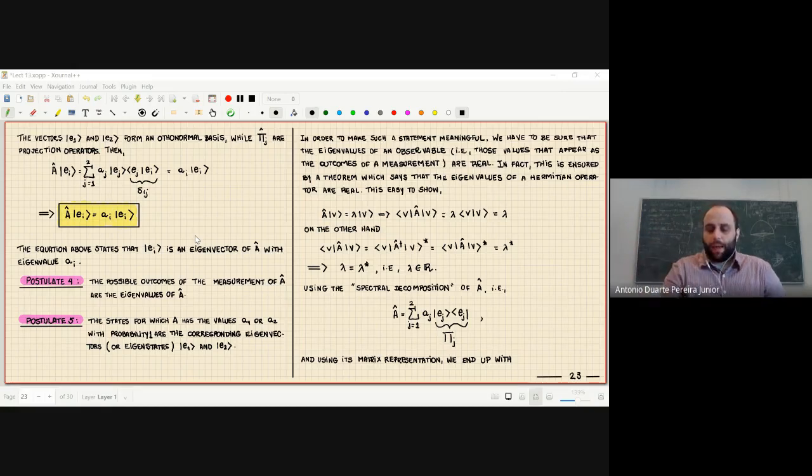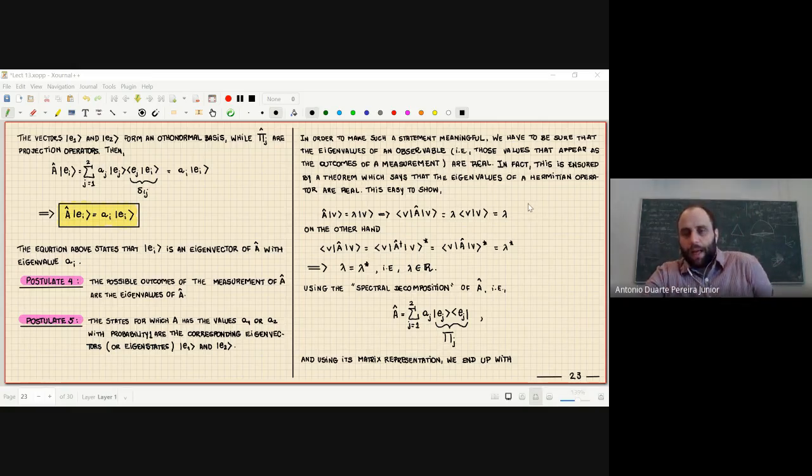If you're curious about that, here is written a proof. It's a very simple proof, and I don't want to explain the details because you can easily go through it. It tells you that for every Hermitian operator, all the eigenvalues will be real numbers.